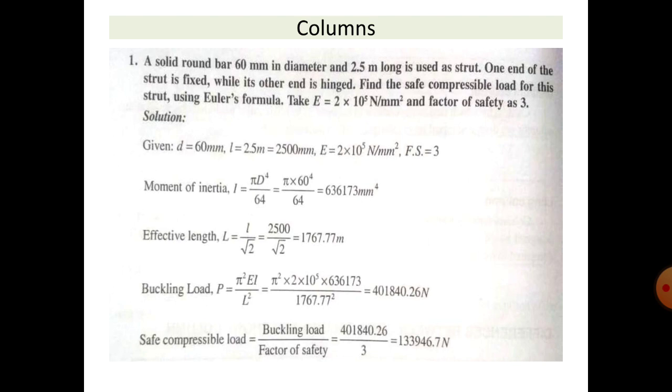We want the safe load that we are allowed to put, because we can't put the maximum load. If the load increases by a certain degree, the strut or the column will fail. So to keep some safety factor, we reduce it to a working load.